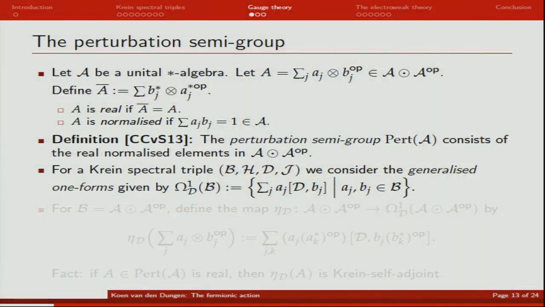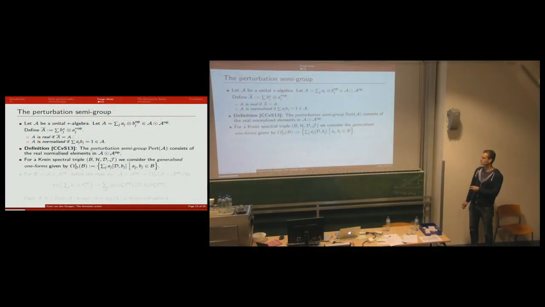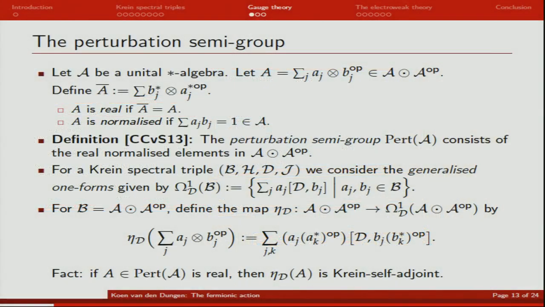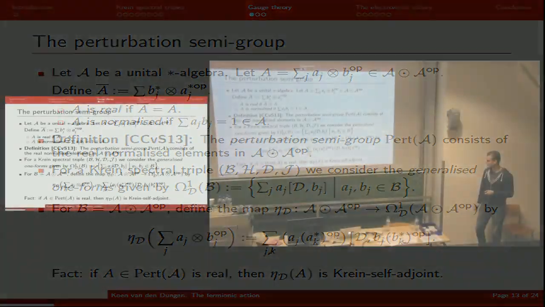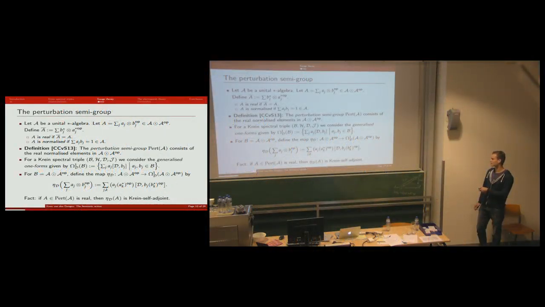Now, suppose we have a Krein spectral triple for some algebra B. Then, as usual, we define the generalized one forms to be products of elements in the algebra with these commutators. Then we can define a map from the perturbation semigroup to these generalized one forms, which we call eta D, and it is defined like this.